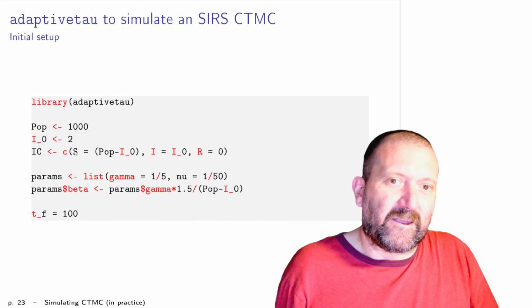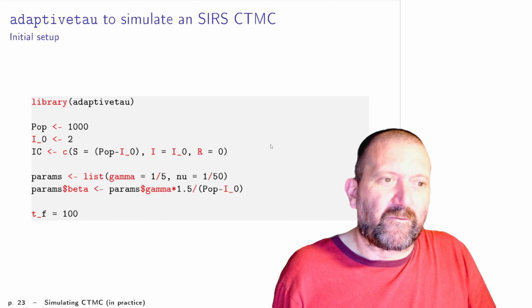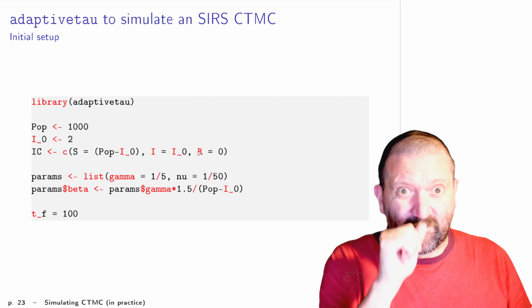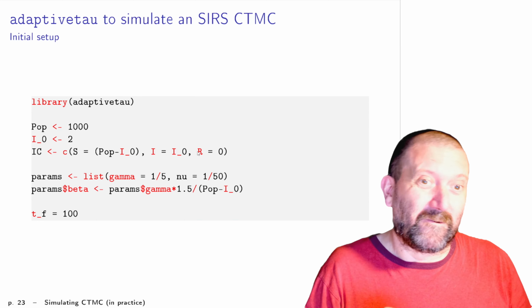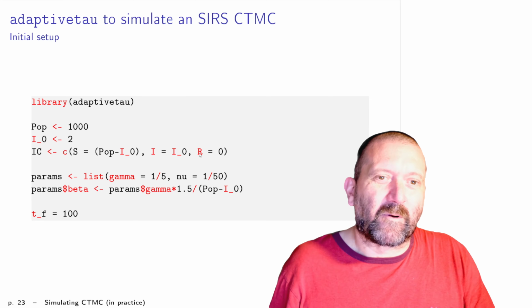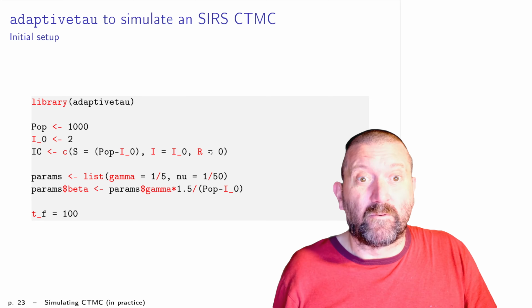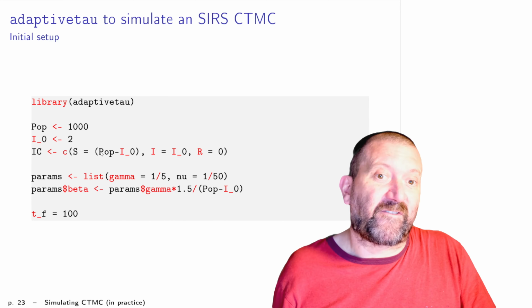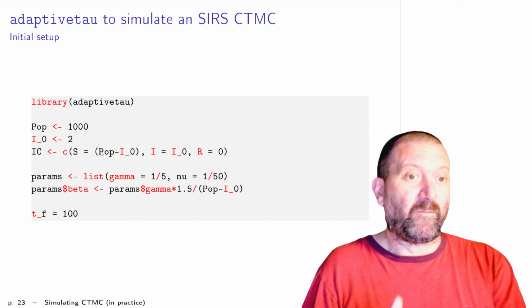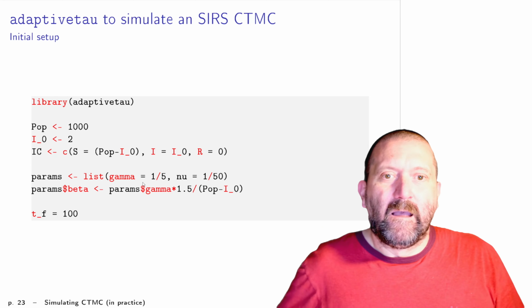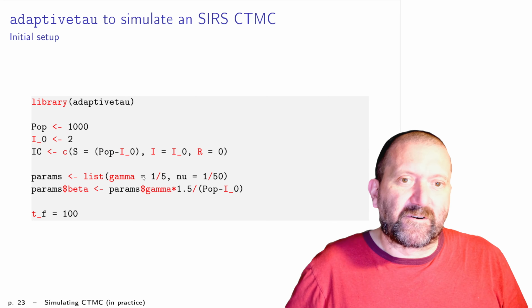I'm just setting the initial conditions. I'm going to assume that R is 0, the number of recovered individuals. Here, R is for recovered, not removed, because they can loop back. So I'm going to assume that initially there are no recovered individuals. There's I0 infectious, and S, which is simply the total population minus I0 susceptible. The parameters that I'm going to use are gamma.